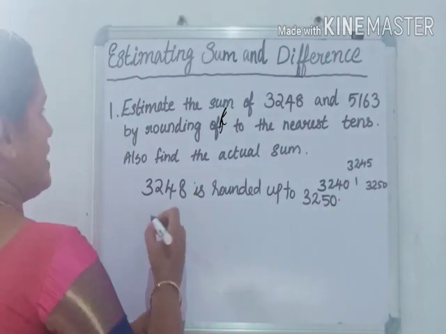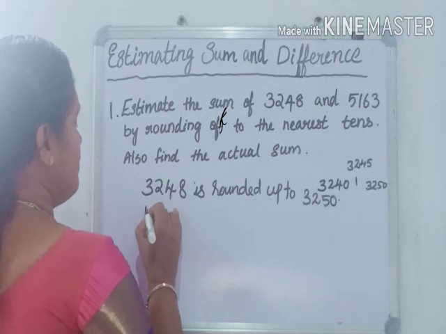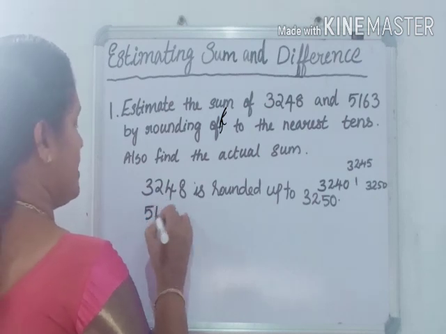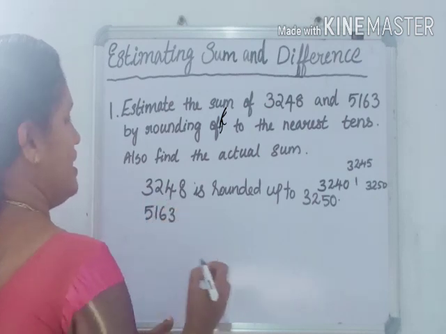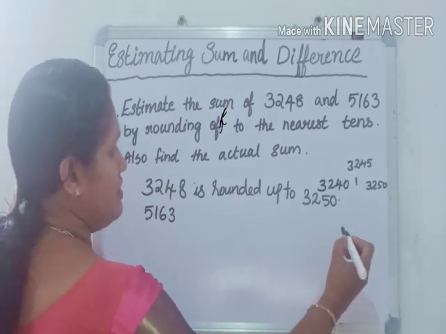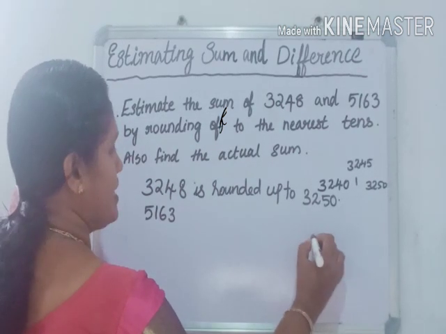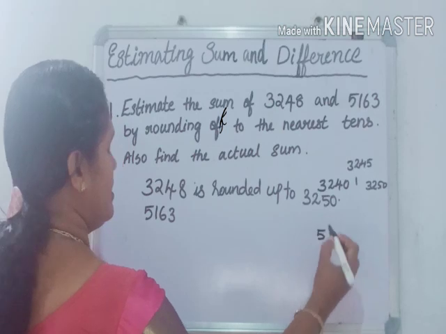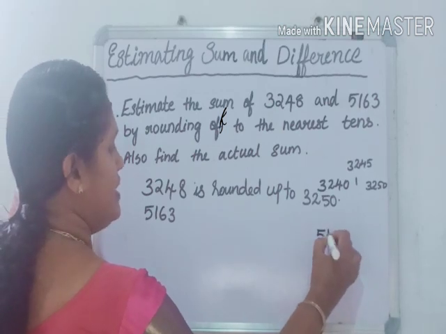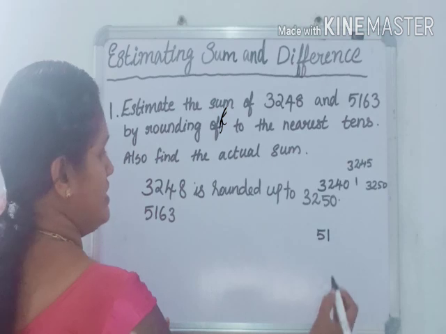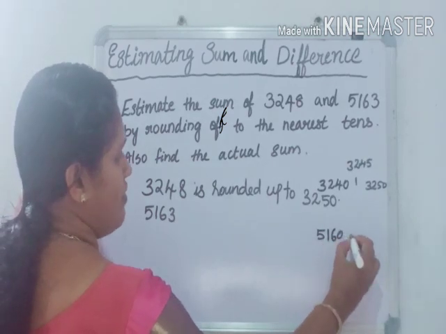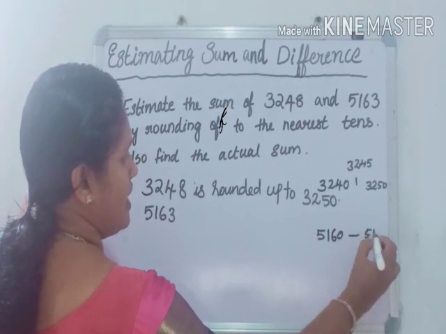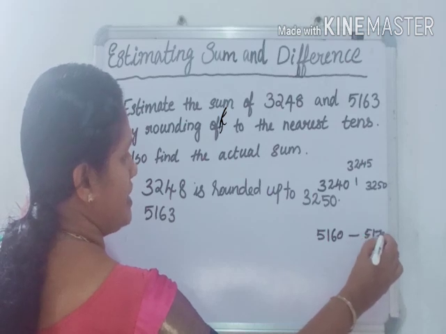Then consider the next number, 5163. It lies between two tens. Which are they? 5160 and 5170.